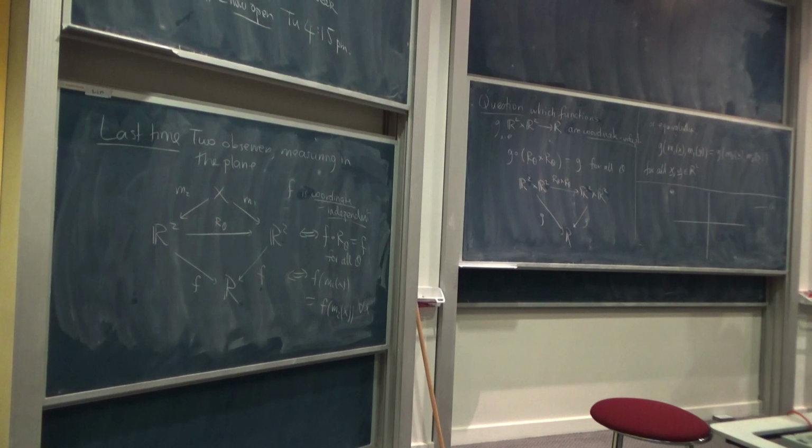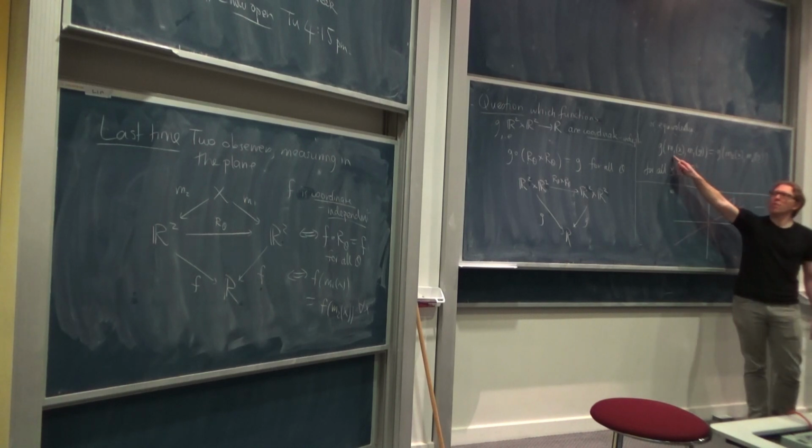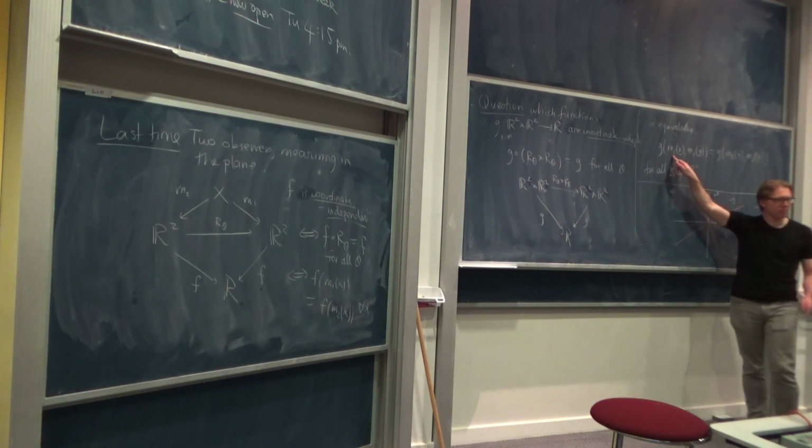This was observer 1. Here's observer 2. So now I'm talking about two points. There's x. Oh, there's another mistake on the board. I apologize. M1 is assigning measurements to a point, but it's assigning those to points in X, not to vectors in R2. So this was a mistake.